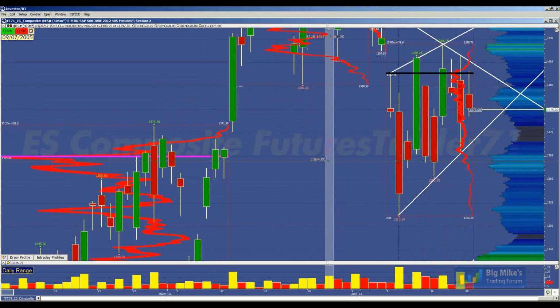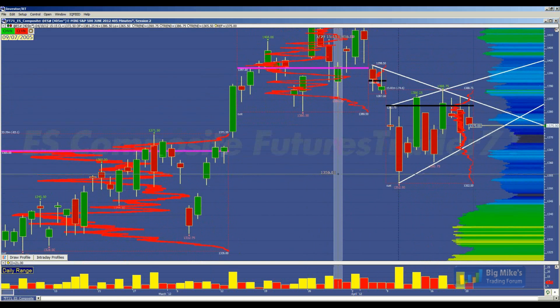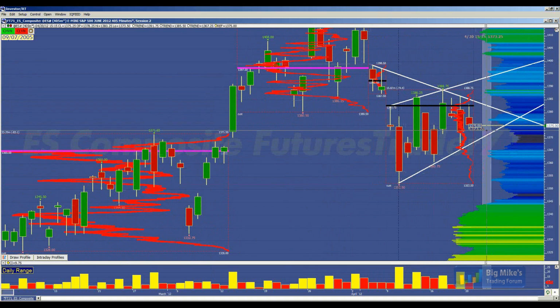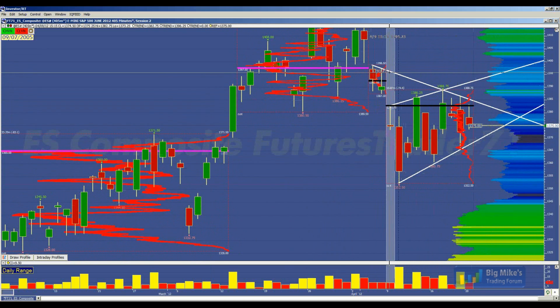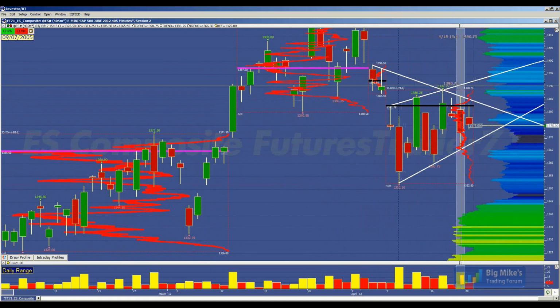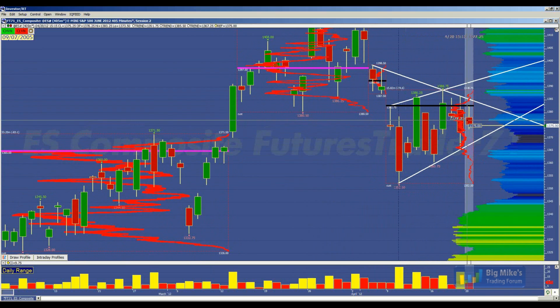Of course, those people who like chart patterns will probably have thrown up this triangle, including these 2 balance days after the breakdown. This triangle, and of course there's a bear flag that a lot of people are talking about, anticipating that it's going to break down lower.